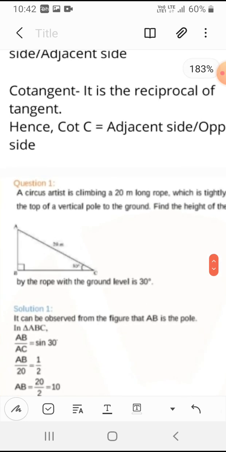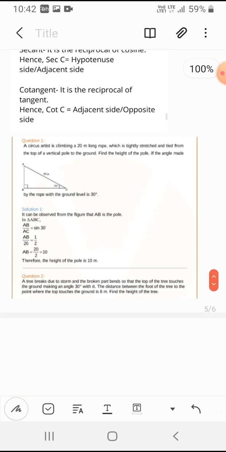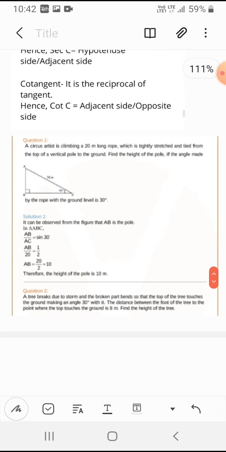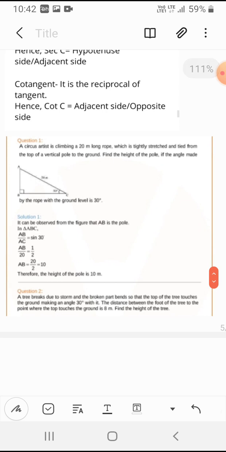Sorry, AC is the 20-meter long rope he is climbing, which is tightly stretched from the top to the vertical pole on the ground. So from A to C it is tight, and we have to find the height of the pole.